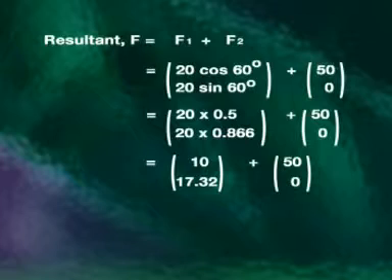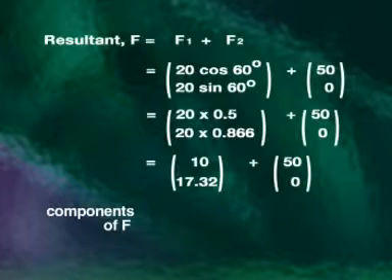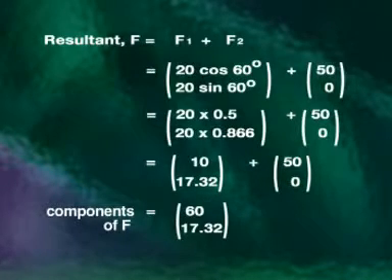This gives us 10 and 17.32 plus 50 and 0. Thus, the components of F would be equal to 60 and 17.32.